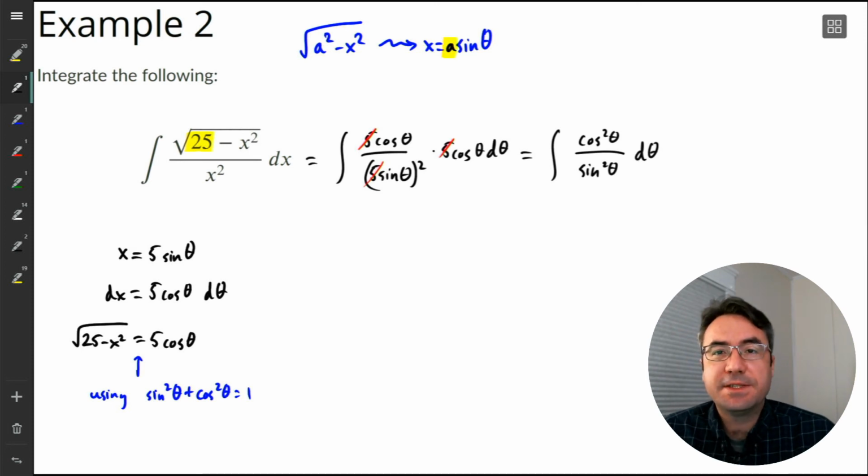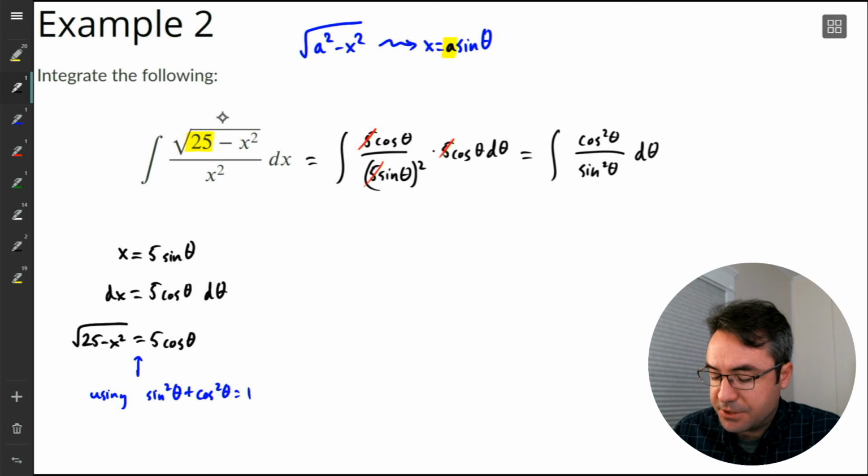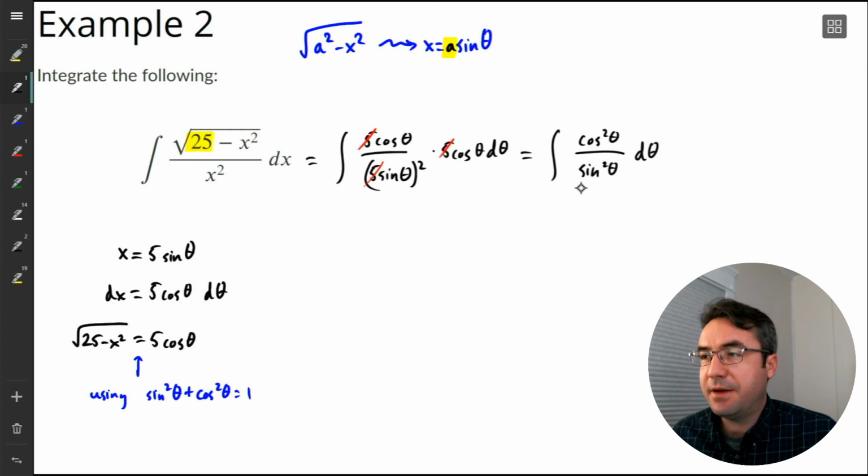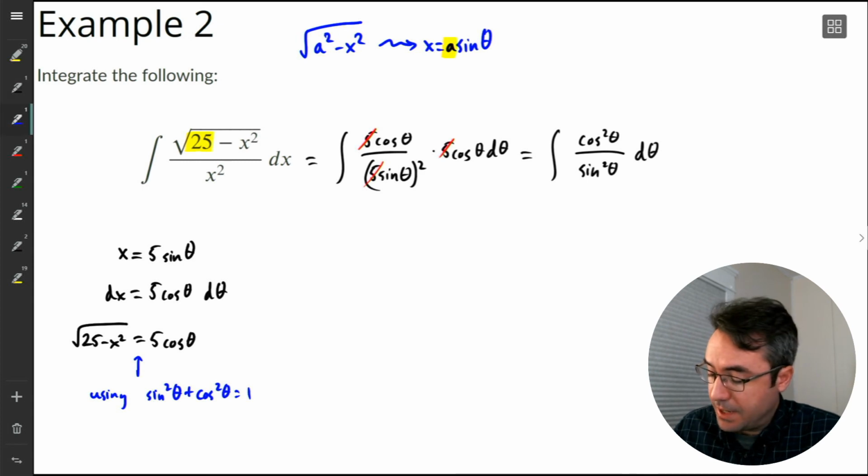So now essentially what we've done is we've taken this integral involving a square root, we've done our trig substitution, we've cleaned it up and simplified a little bit, and now we have this trig integral involving powers of sine and cosine. So there's different ways we could handle this integral here. Cosine over sine, we could convert this to cotangent.